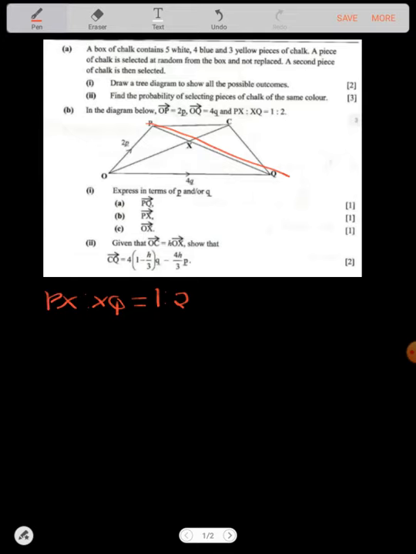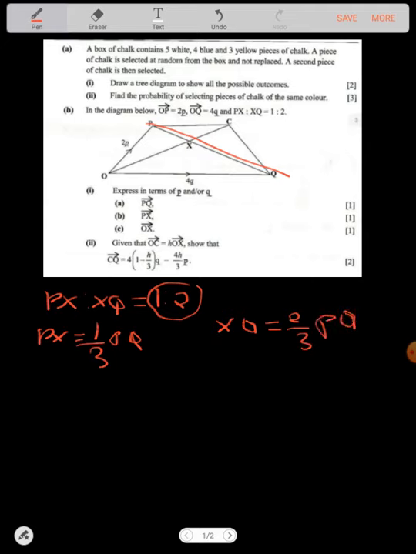So this means PX is equal to 1 over the total ratio, here 3, so 1 over 3 of which line? Of line PQ. Also XQ is a line which is 2 over 3 of which line? Of line PQ. This is what this statement means.